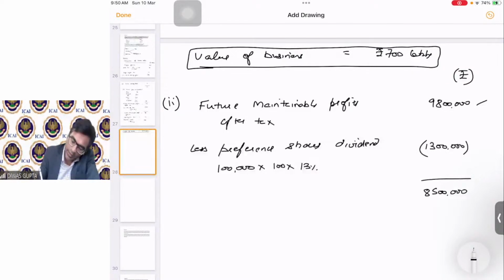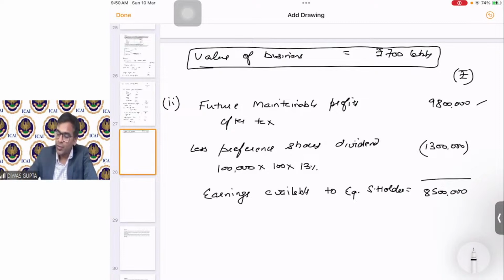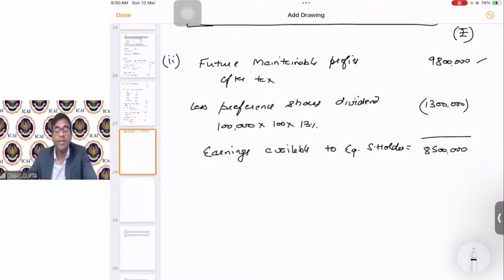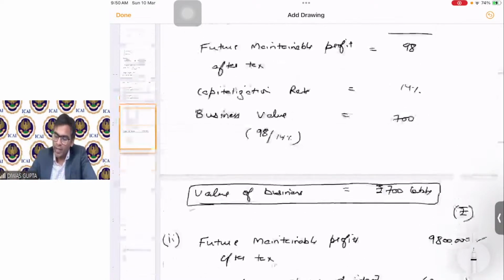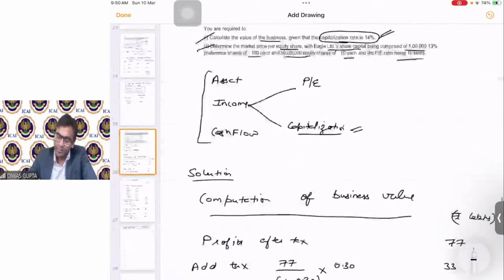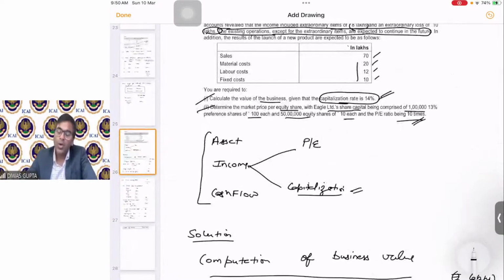So this is earnings available to equity shareholders, right? So if 85 lakhs is the earnings available to equity shareholders and we have to arrive at the market price with the PE ratio, the next step should be we have to calculate the EPS now, right?